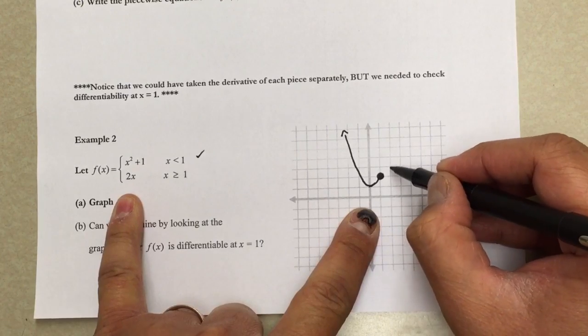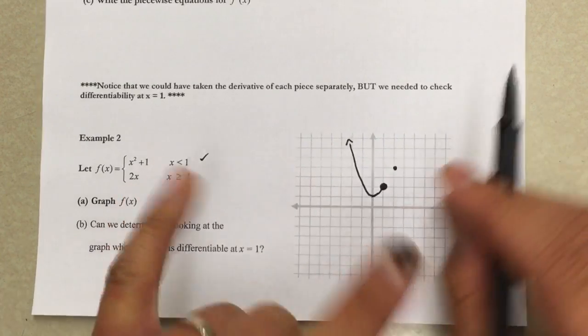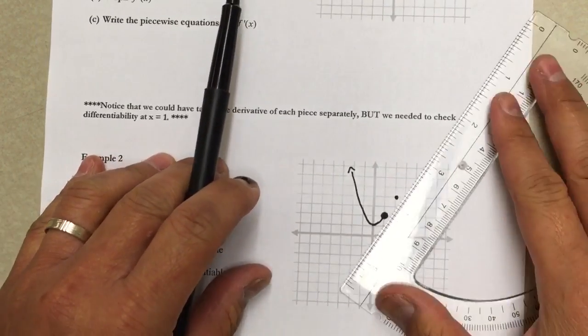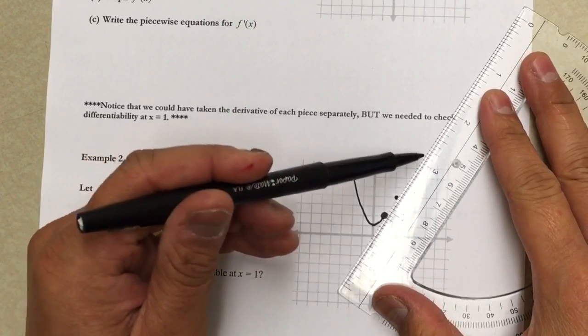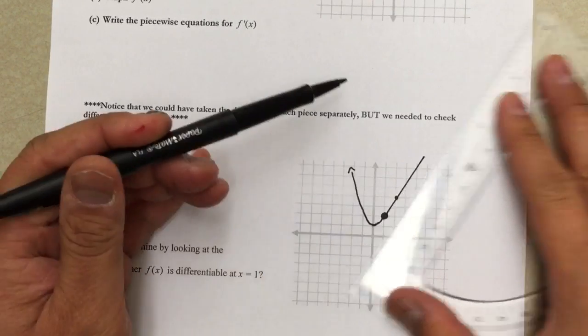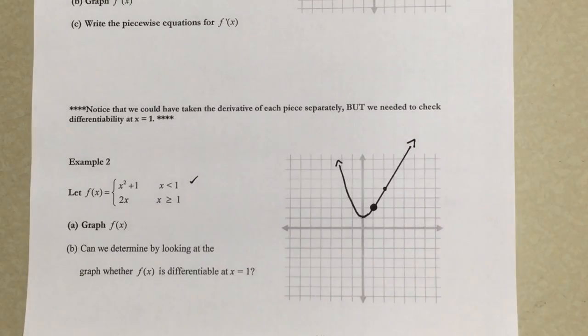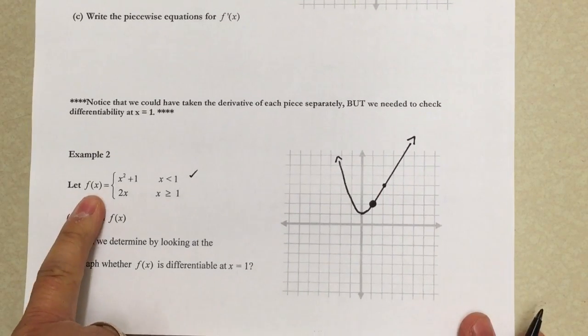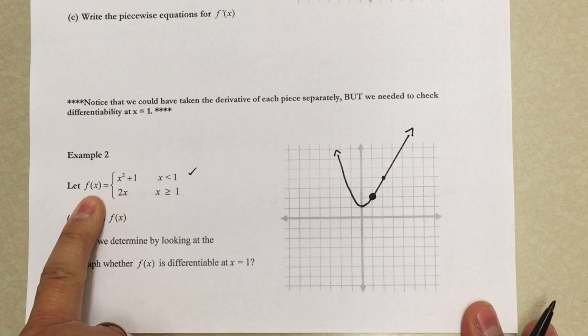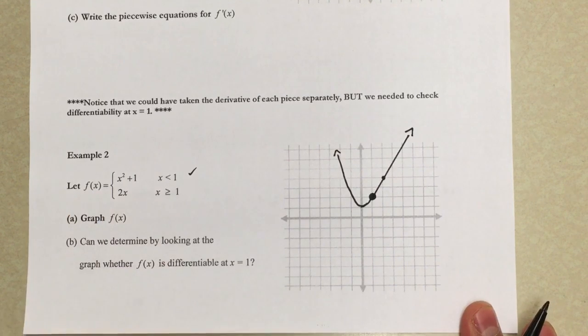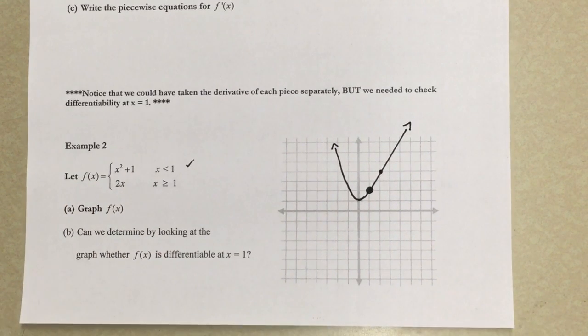So 1, 2, 3, 4. Now we can connect these 2 points, and we're able to graph this piecewise function.